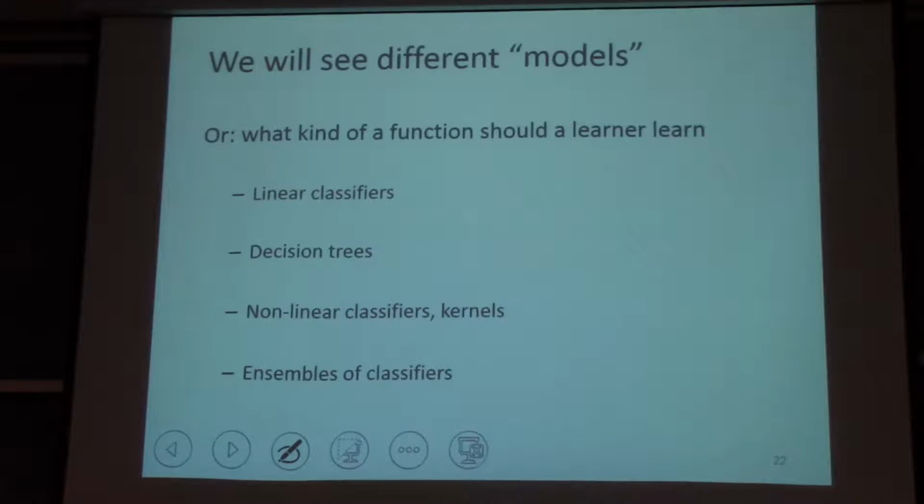From my perspective, when I say model, I mean what is the space of functions that the learning algorithm operates on? For example, when I gave you the example with badges, the names, and I told you that all the labels are a function of the name and nothing else.